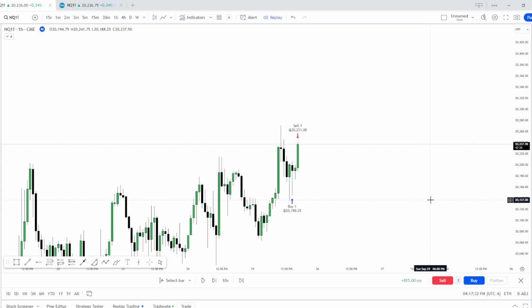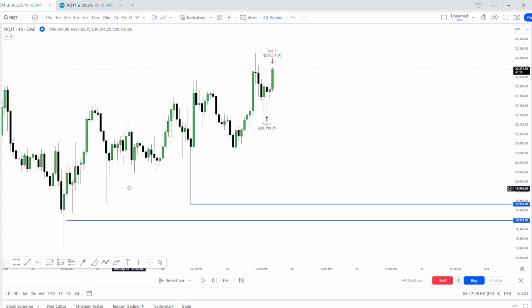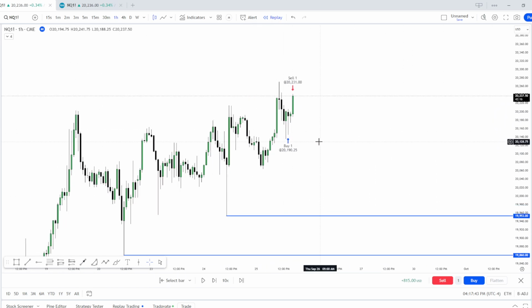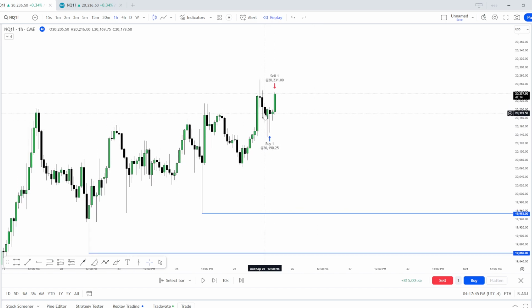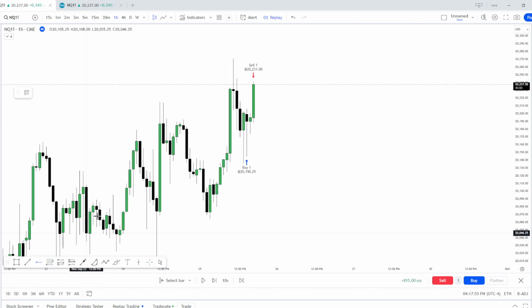Because like I said, I could have aimed for these lows down here if this 1 hour fair value gap got invalidated, but you have to realize that is a lot for price to move. And if I'm on a lower time frame, you're not necessarily going to be catching that whole move most of the time. So on a lower time frame, maybe we could have targeted this 1 hour fair value gap, or either of these one hour lows right here.